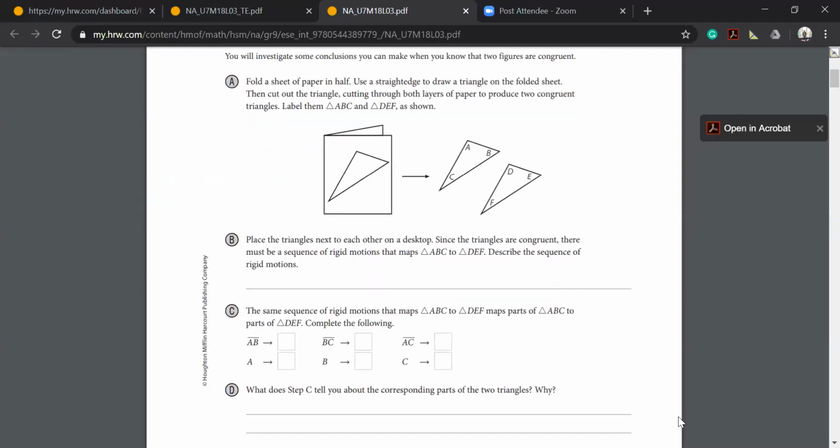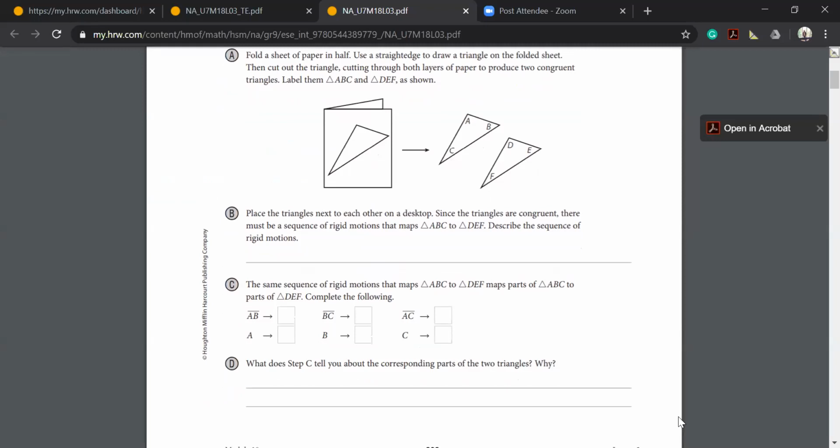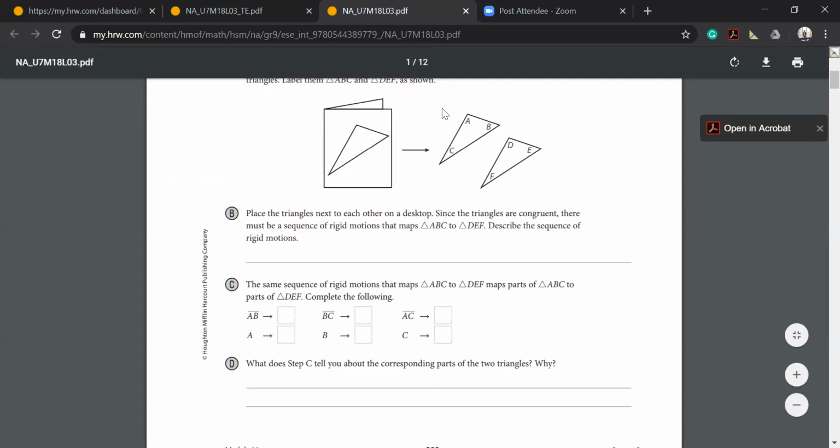The same sequence of rigid motions that maps triangle ABC maps each part. I mean when you do a rotation and translation, actually each part of the triangle is moving. Point A or angle A is rotating and then translating. Angle B is rotating and then translating. Angle C is rotating and then translating.